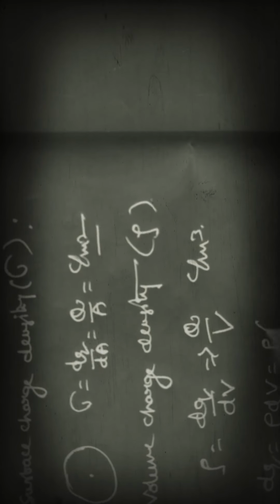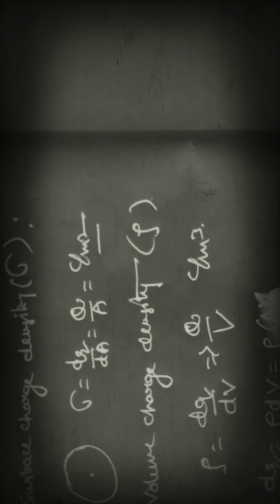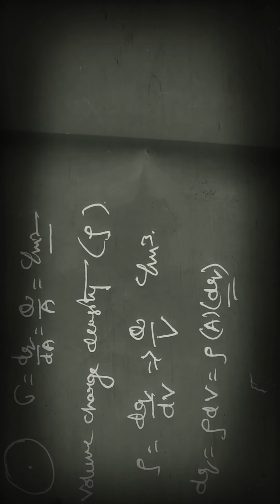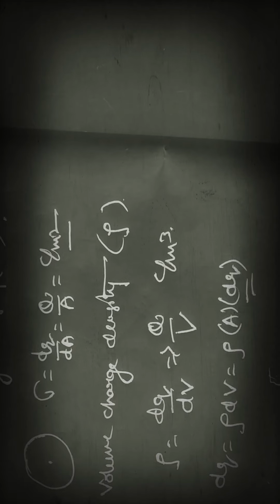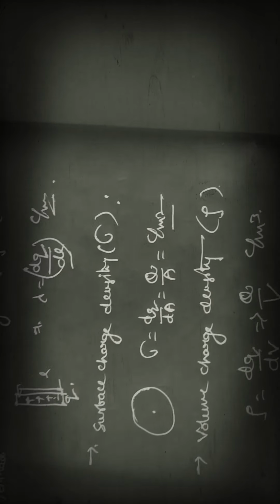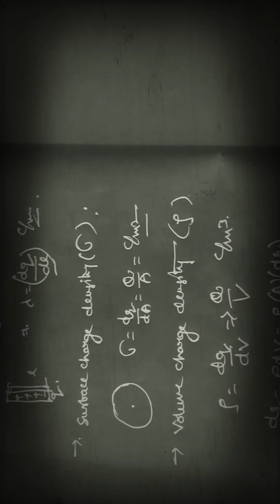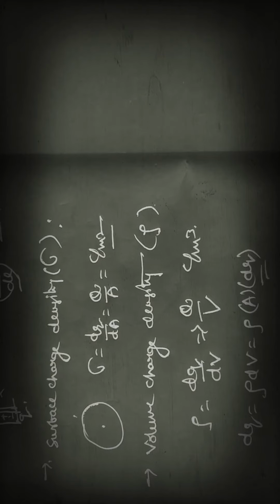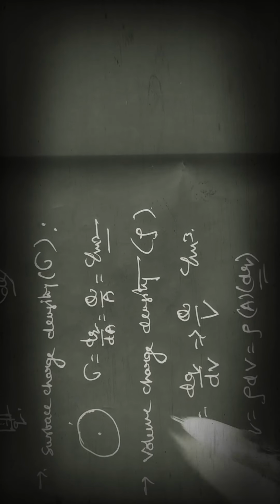To get dq, you can also write rho dV, or sigma multiplied by the small element dA, or lambda dl. These are about the charge densities: linear charge density, surface charge density, which is also called areal charge density, and volume or cubical charge density.